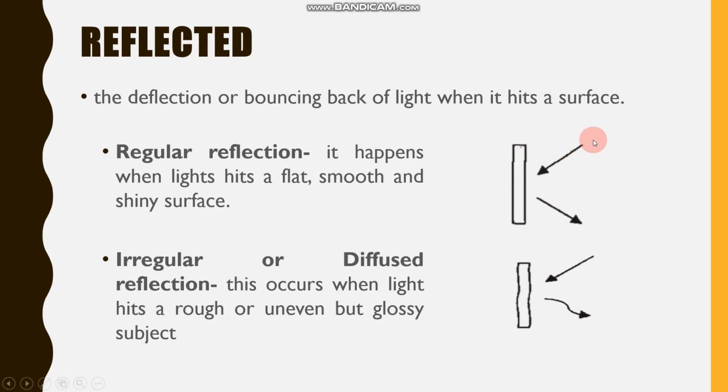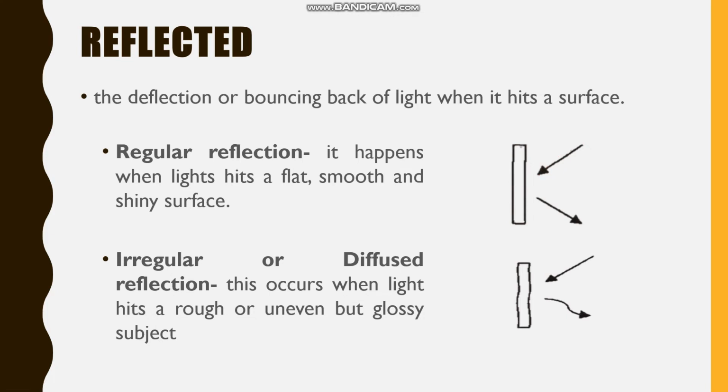So, verify, etong arrow na to, di ba? Ang tawag po dito is the incident rays. Yung incident rays po yan, yan po yung rays that is originated from the source of light. Si incident rays, kung yan man ay si sunlight, kung yan man ay ilaw, incident rays po ang tawag doon sa tatama kay subject, di ba?